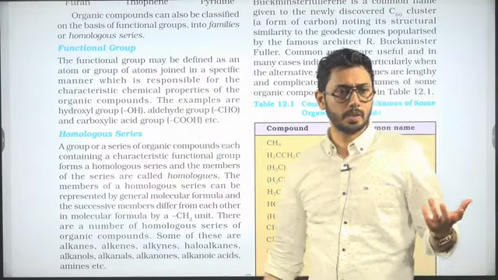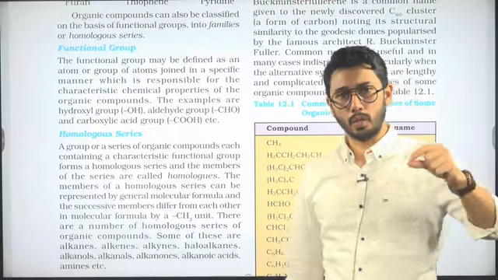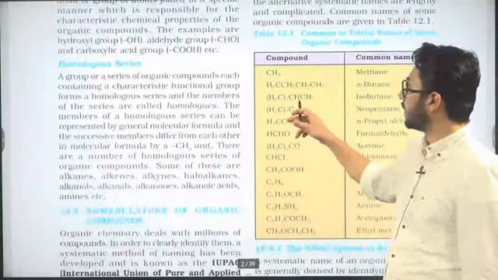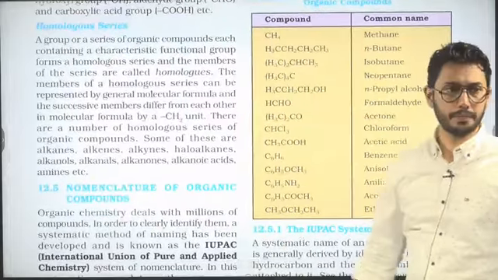Like in alcohol, the OH group is there, it will give the chemical behavior or chemical reactions of alcohol, or carboxylic acid or aldehyde. Then this term also you all know, what's the meaning of homologs or homologous series.